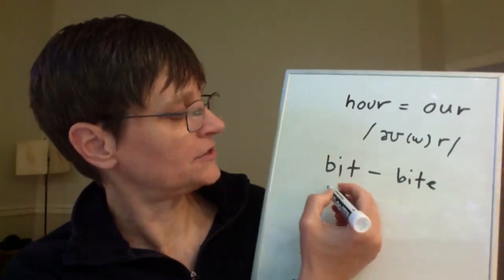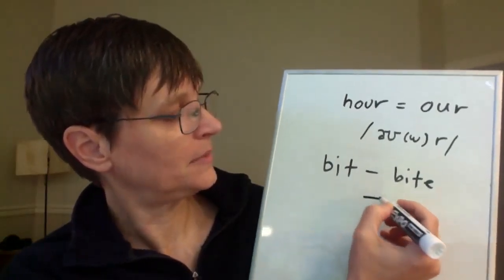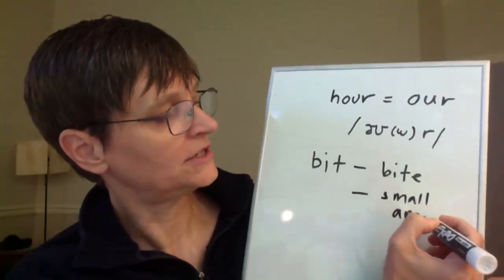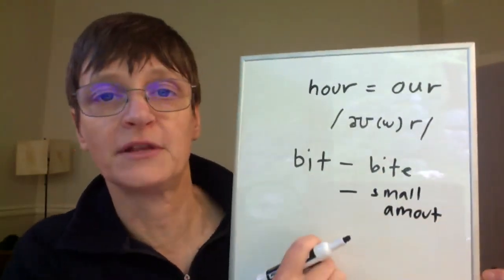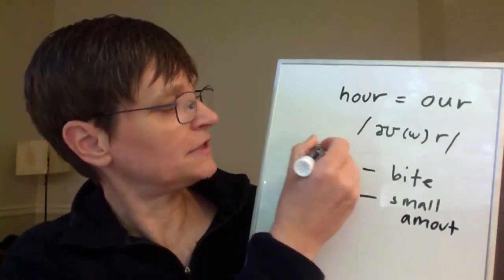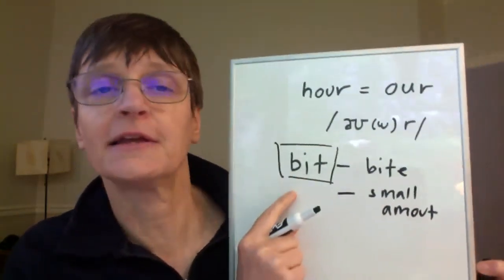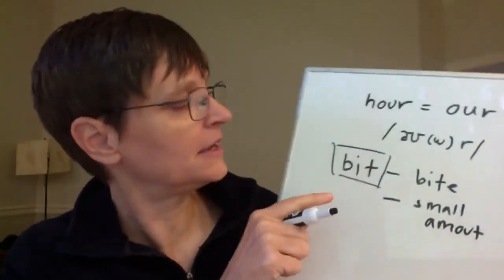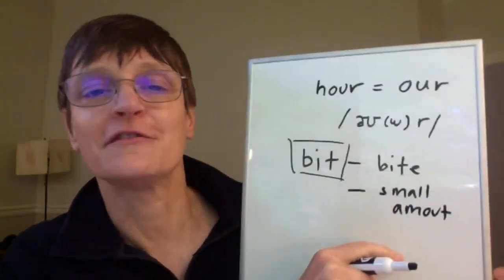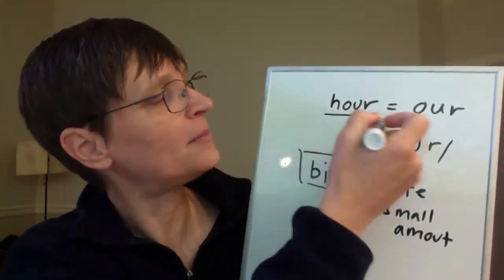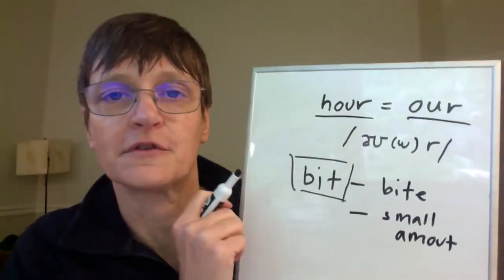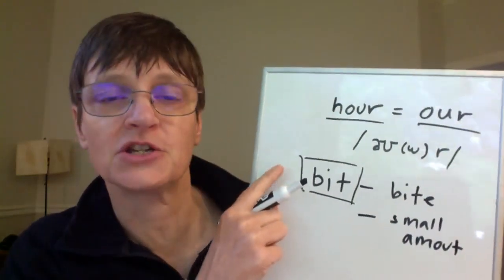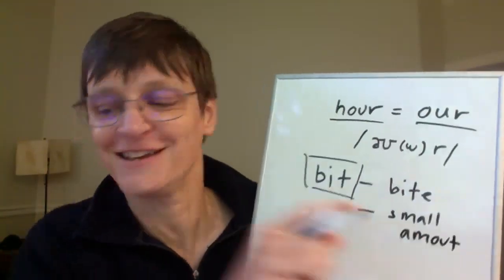And it can also mean a small amount, like I just like a little bit of coffee, please. So that's different, because the spelling is the same, even though there's two meanings, this is two different words, but with different meanings, but not different spelling. So homophones are words that have different spelling and different meaning, but the same pronunciation. This has the same pronunciation, same spelling, different meanings.